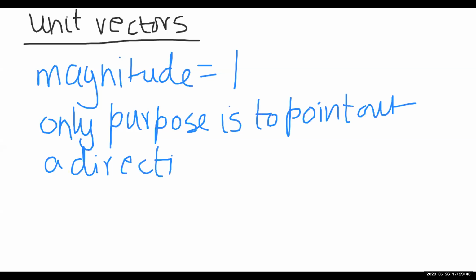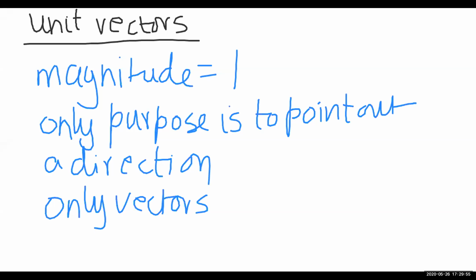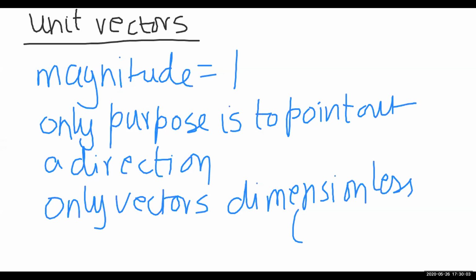Okay, and there is a third property as well, which right now is not very important, but later on it will become very important. And that is that they are the only vectors in physics which are dimensionless, which is another way of saying unitless. Okay, so all vectors in physics have units.